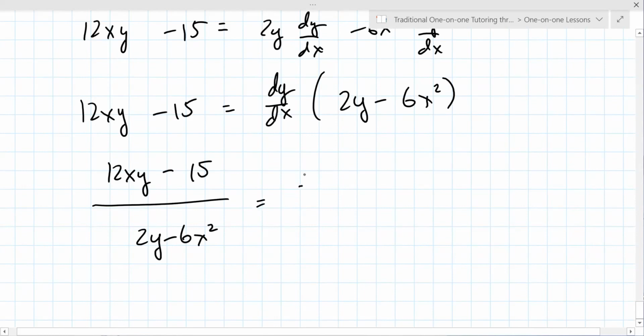Yes. So if you look on the answer sheet, it's got 15 minus 12xy over 6x squared minus 2y. They've just changed the order because they moved dy/dx left instead of right. These are exactly the same.